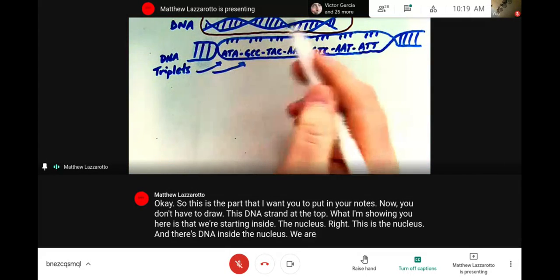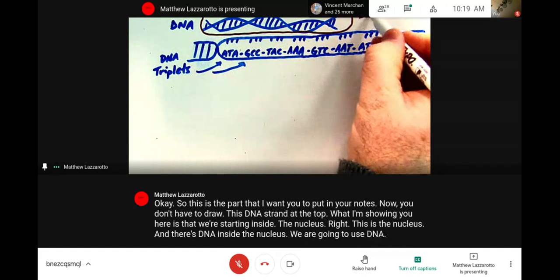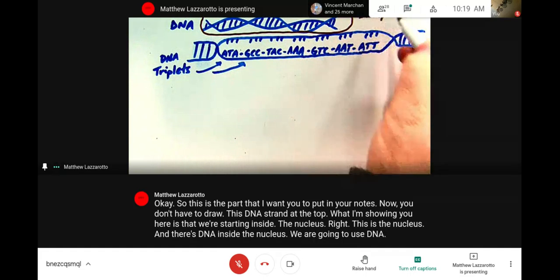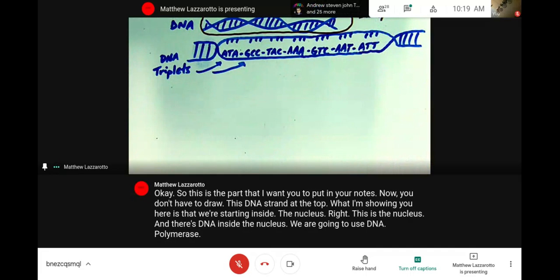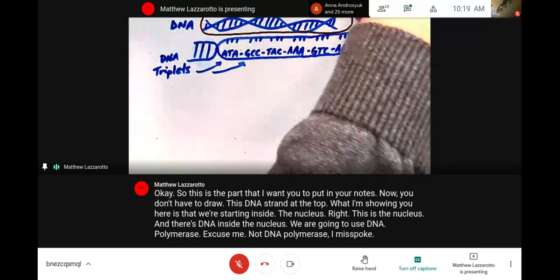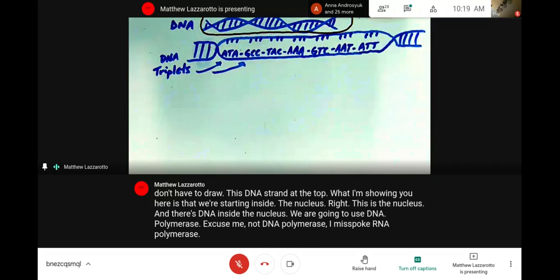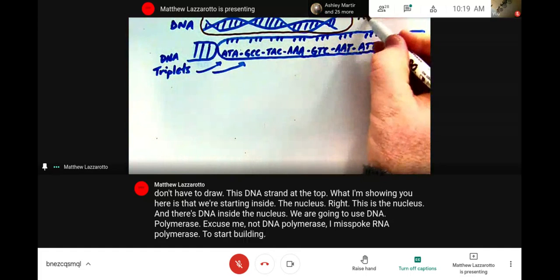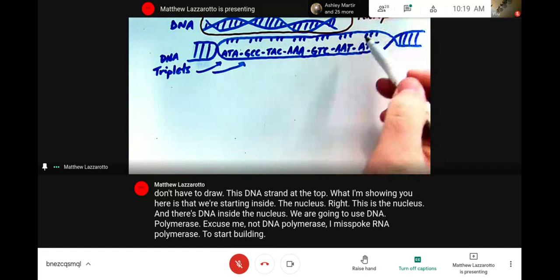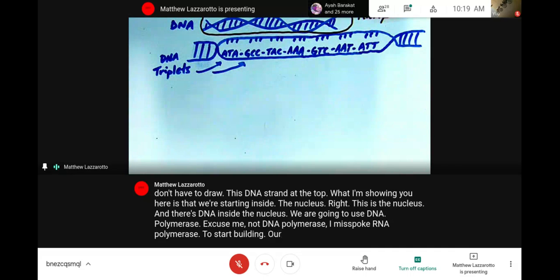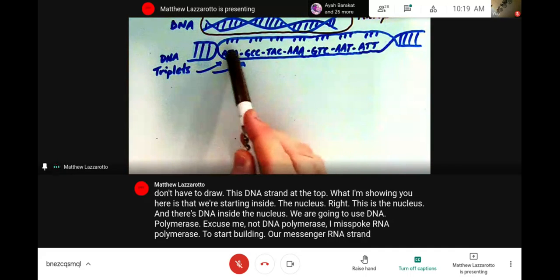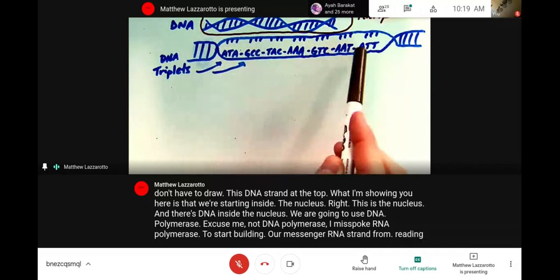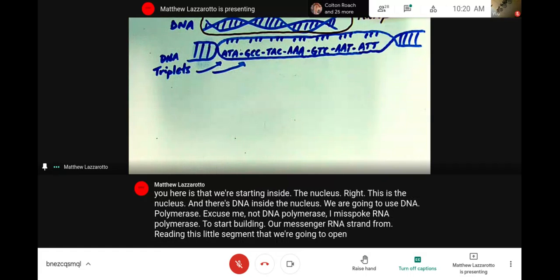We are going to use RNA polymerase to start building our messenger RNA strand from reading this little segment that we're going to open up.